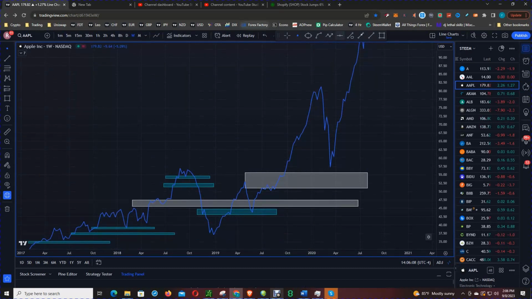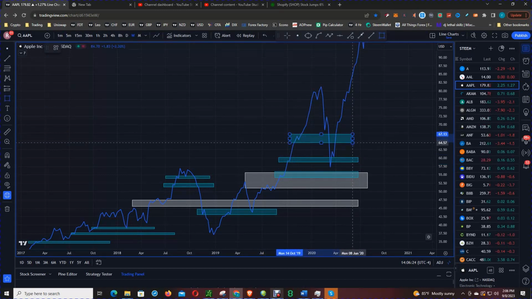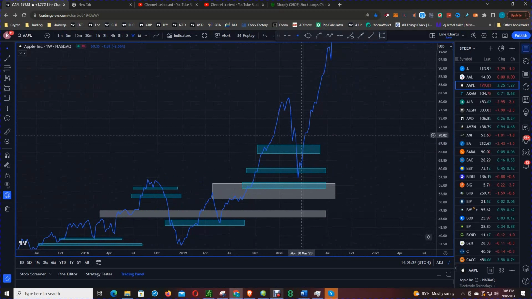So we got three levels in this move higher. Then you have some more continuation patterns, rally, base, rally, rally, base. Two levels on top of each other and a flip zone.